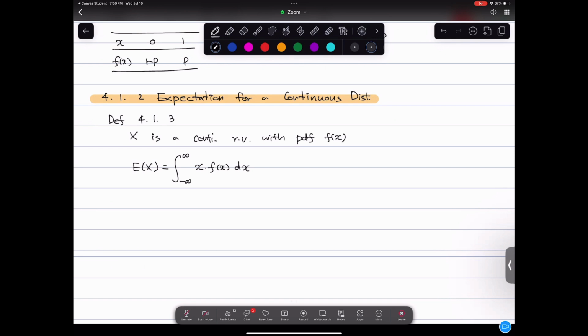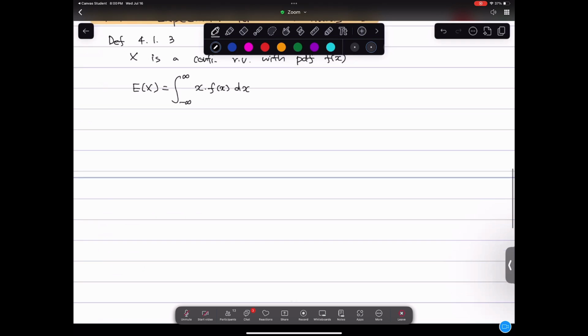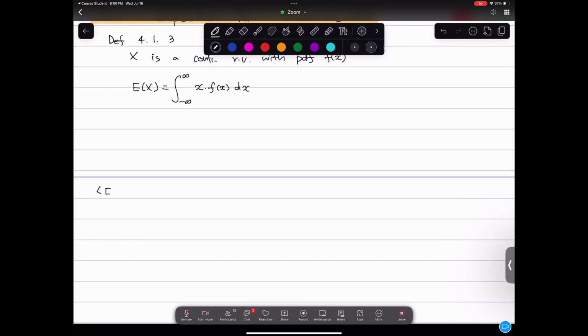So I want to go get one as an example. So here goes my PDF of x, which is f of x equals x squared.